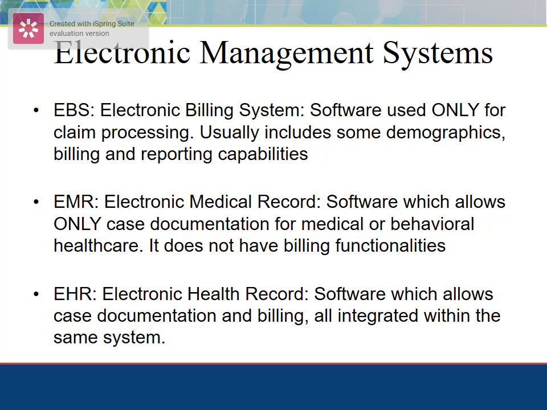So we're typically doing it all in one. And that's called an EHR. So whenever we're talking about the billing as well as the medical record, we're talking about an electronic health record. And so an EHR is a software that allows you to document both the services that you're providing to the client as well as the billing of that client.